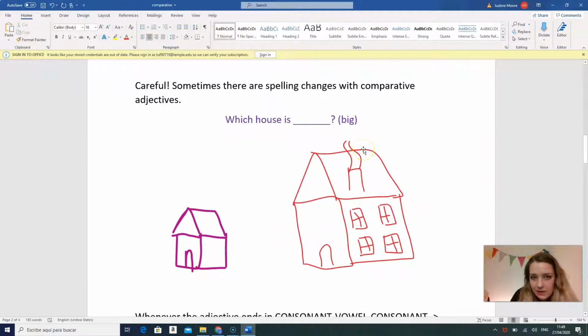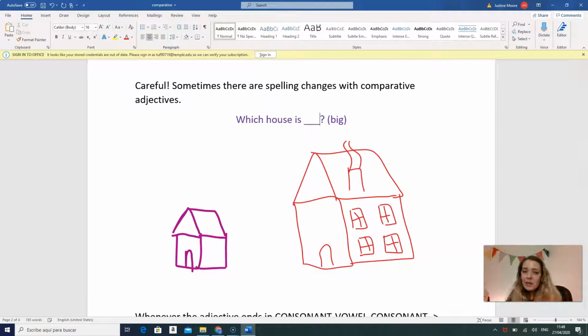So let's look at this. Big. Can you think of what the comparative adjective would be? It would be bigger.